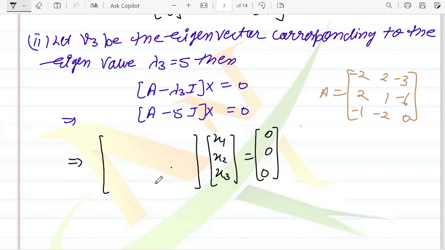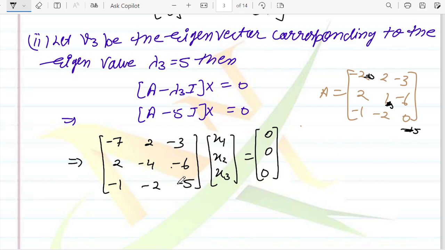Right, now adding negative 5, that is negative of 7, 2, minus 3, 2, that is minus of 4, minus of 6, minus 1, minus 2 and minus 5.